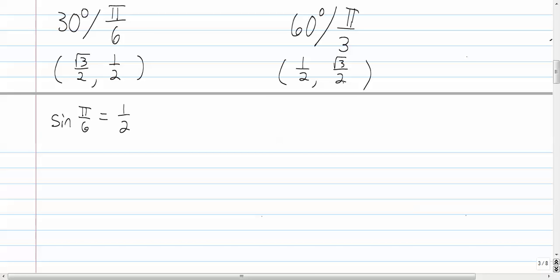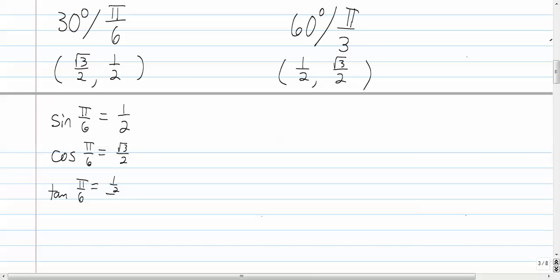Okay, and then from that we can get all 6 values at each one of these angle measures. With the cosine of pi over 6, that's going to be the x coordinate, so it's square root of 3 over 2. The tangent of pi over 6, that's y divided by x.